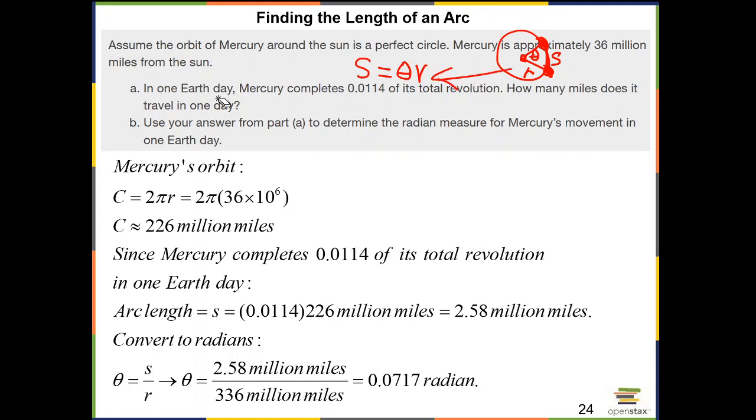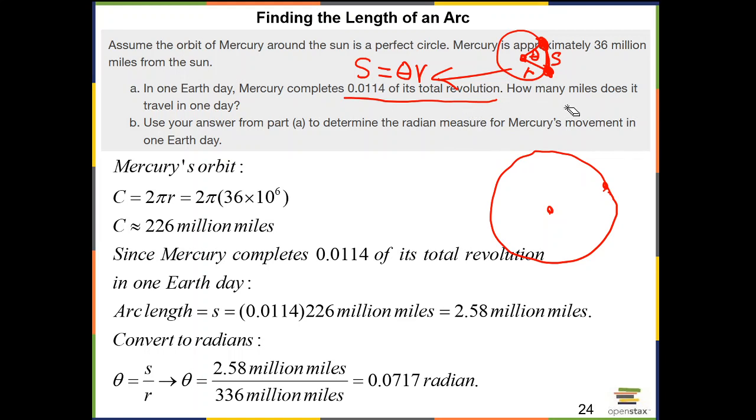Now it says in 1 Earth day, Mercury completes this much of its total revolution. We assume Mercury goes in a circle, it's actually an ellipse, but let's assume it's a circle. So this is Mercury. So in 1 Earth day, Mercury completes this much of its total revolution, right?